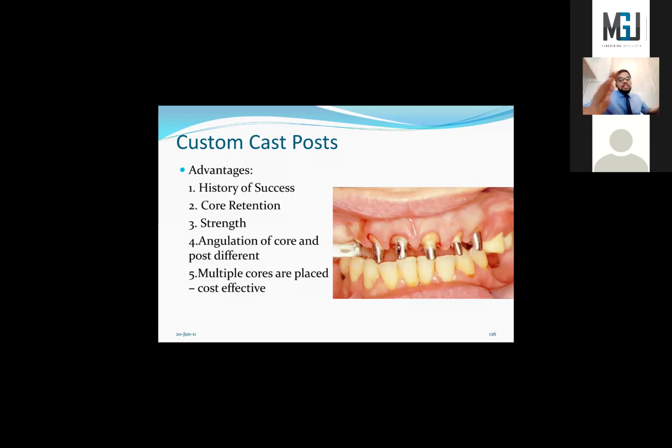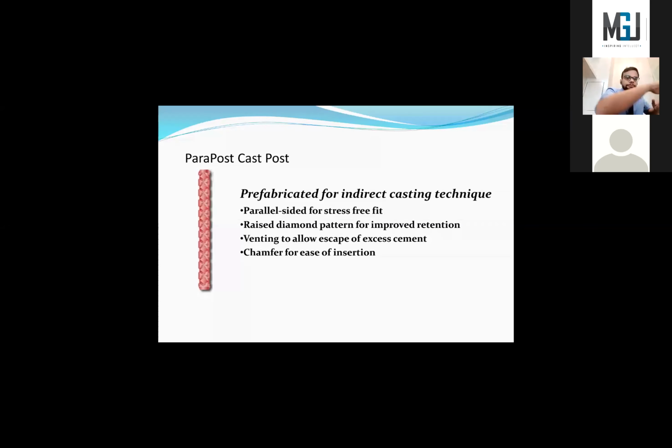You can change the angulation of the post and core if you desire in a retroclined tooth. You can do that by changing the angulation. And when you have multiple kinds of post and core which are placed, it's cost effective as well.